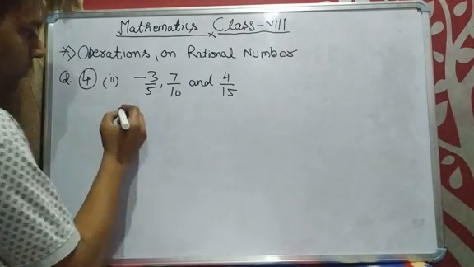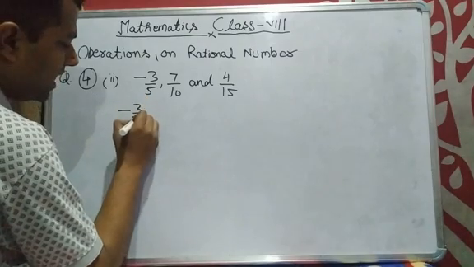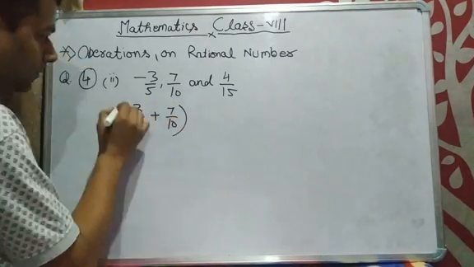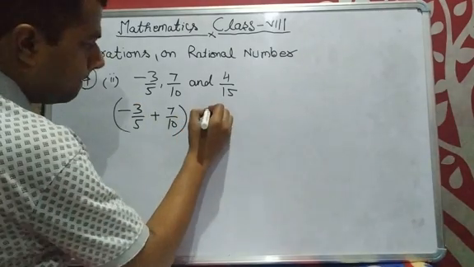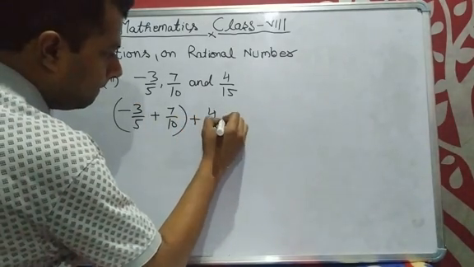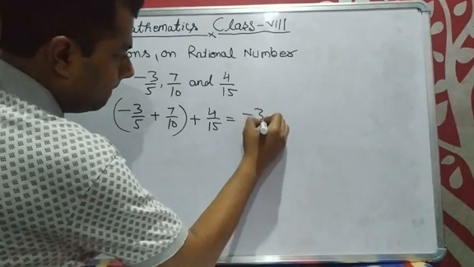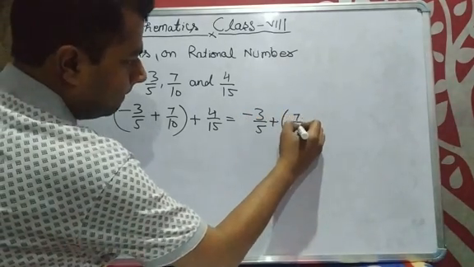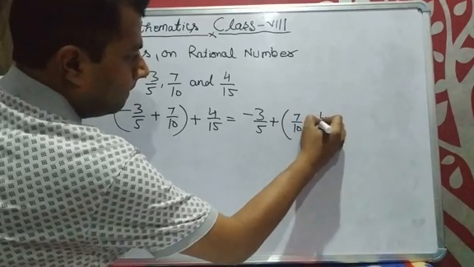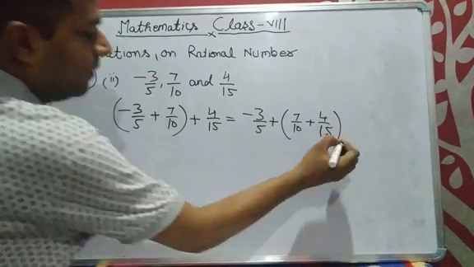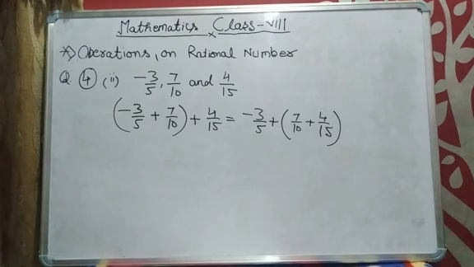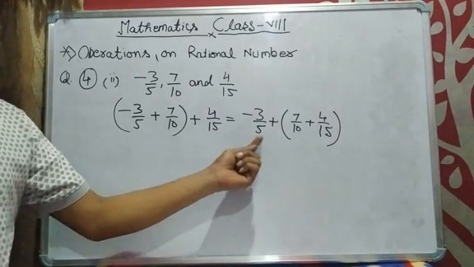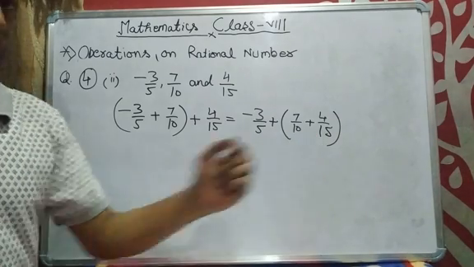We should know what the associative law is: first rational number, second rational number, third rational number.